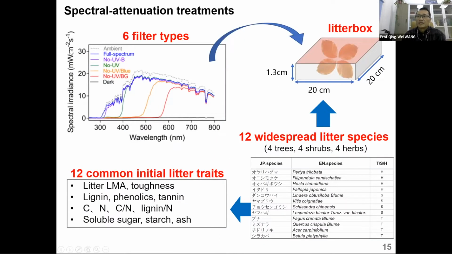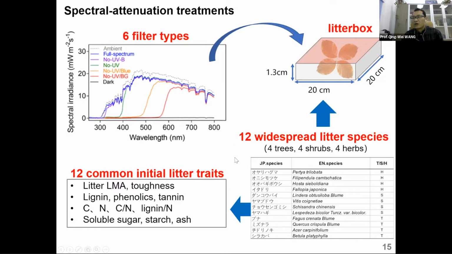We made six spectral attenuation treatments using different filters to make the litter boxes. The treatments include transmitting full spectrum as control, remove UV, remove UV and blue, remove UV, blue and green, and the last one is dark.